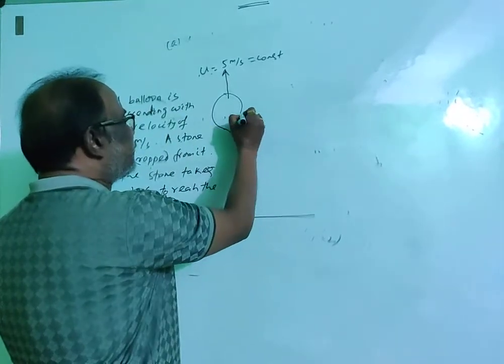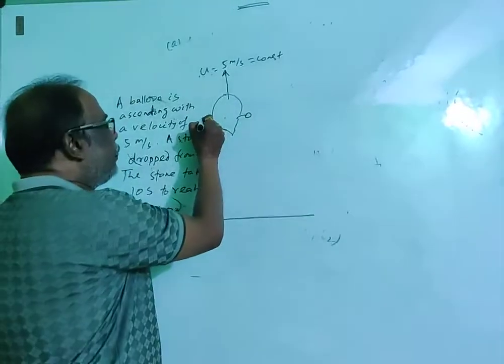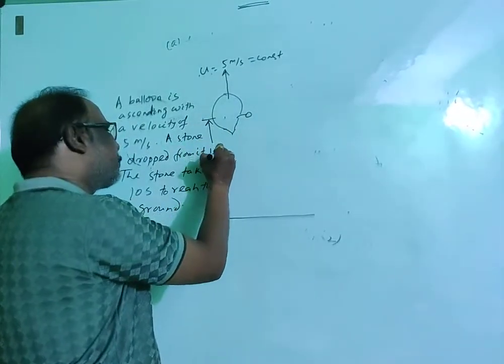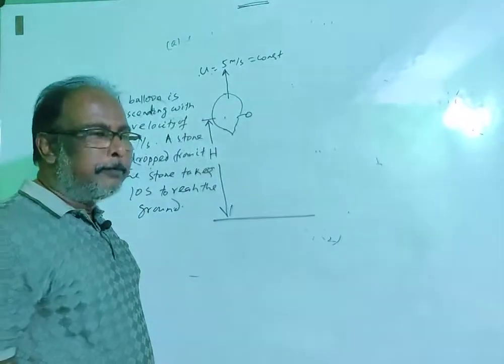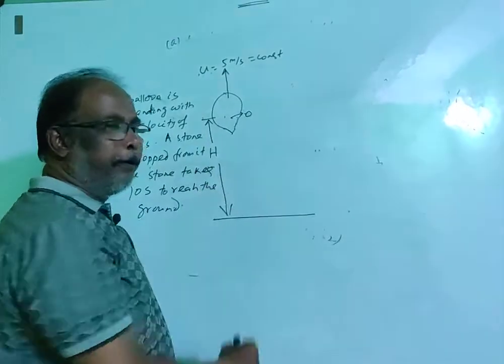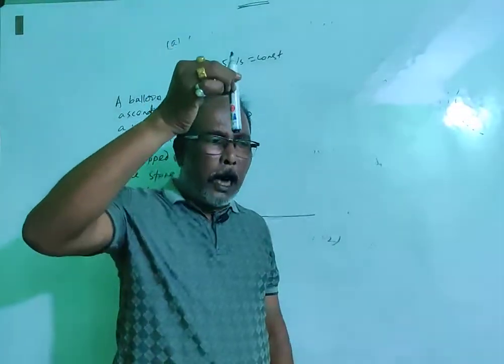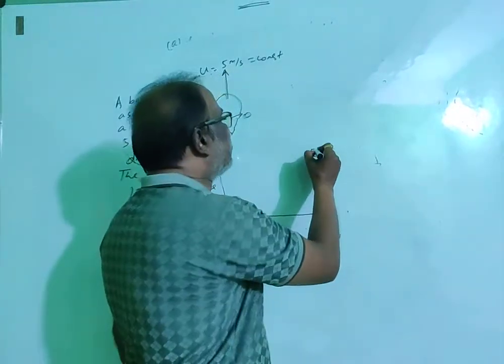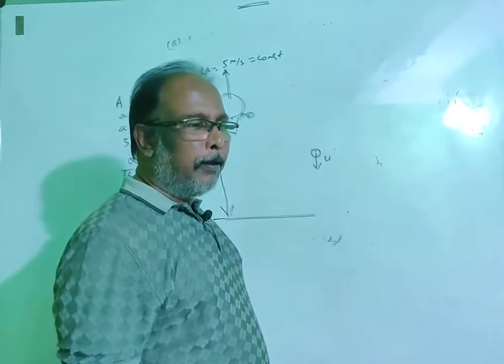When the balloon is at a height h from the ground, a stone is dropped from the balloon. See our previous concept: if a body is dropped, what is its initial velocity? 0.